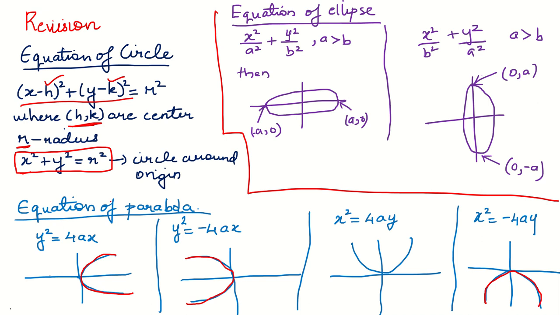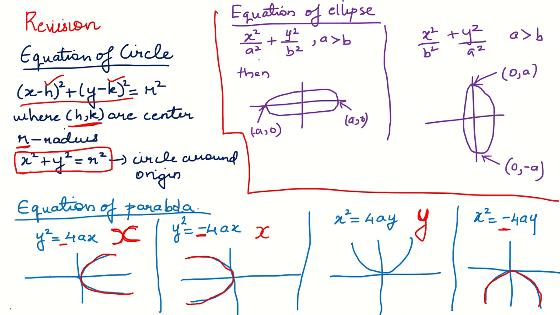How to remember: y square is equal to 4ax, here x is there, so it is on the x-axis. If it is positive, it is on the positive side, and if negative, on the negative side. But x square is equal to 4ay is upward or downward, depending on the sign.